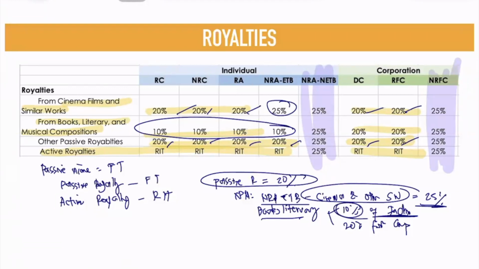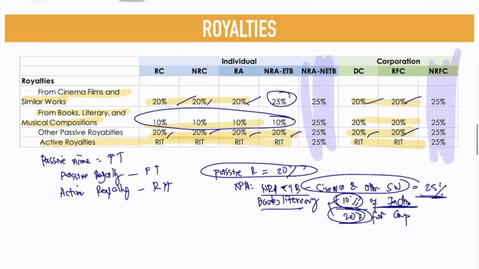Pag income ng corporation, 20%. Okay? So, yun lang yung ingatan nyo dito kung anong type ng royalty. Active, RIT, passive, final tax. Anong rate? Passive royalties as a rule, 20%. For cinemas and other similar works, 25%. Books literary, 10% for individuals and 20% for corporations.